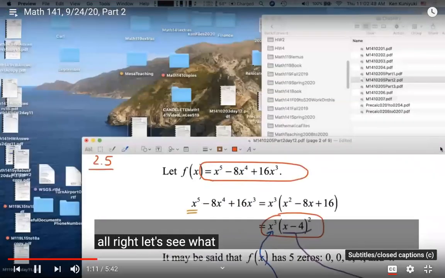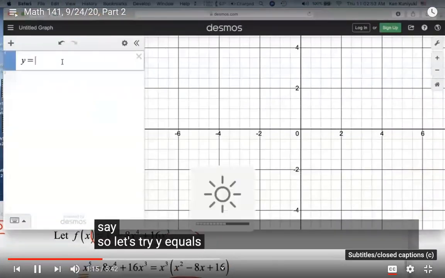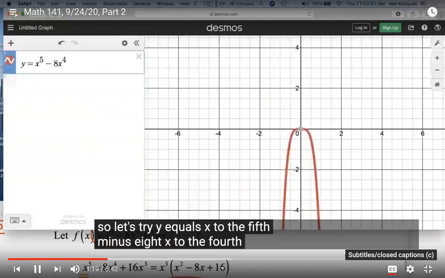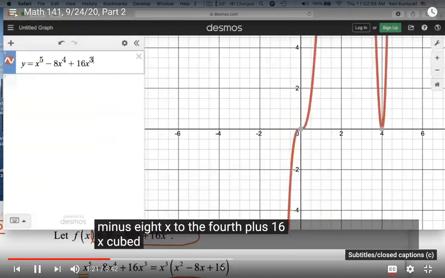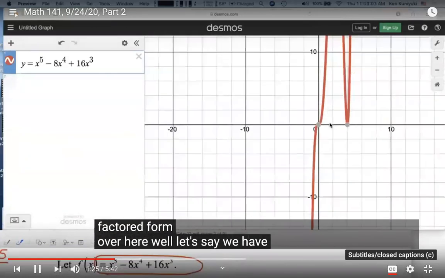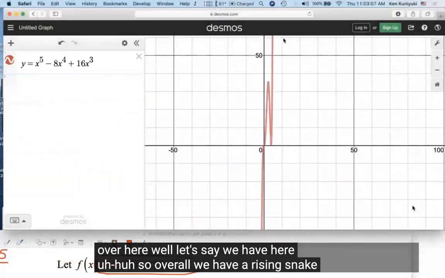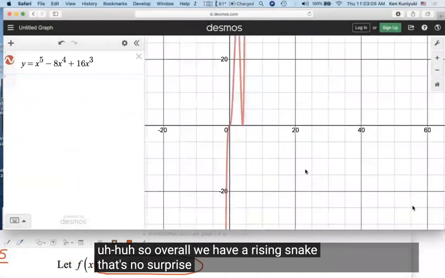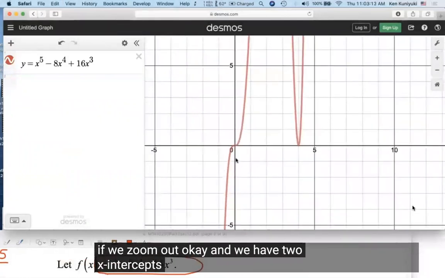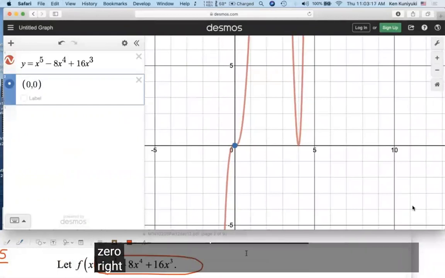All right, let's see what Desmos has to say. So let's try y equals x to the 5th minus 8x to the 4th plus 16x cubed. I could have also entered the factored form over here. Well, that's what we have here. So overall, we have a rising snake. That's no surprise if we zoom out. And we have two x-intercepts. We have an x-intercept at 0, 0, right?